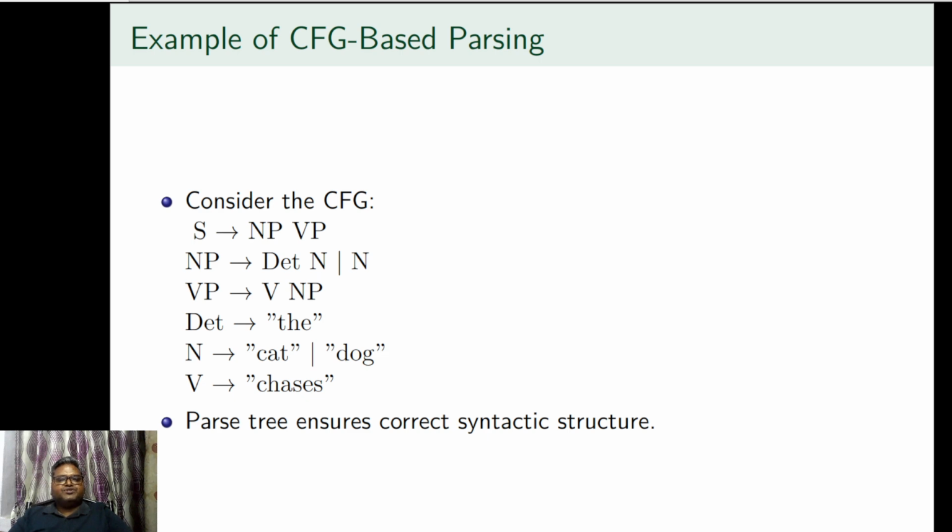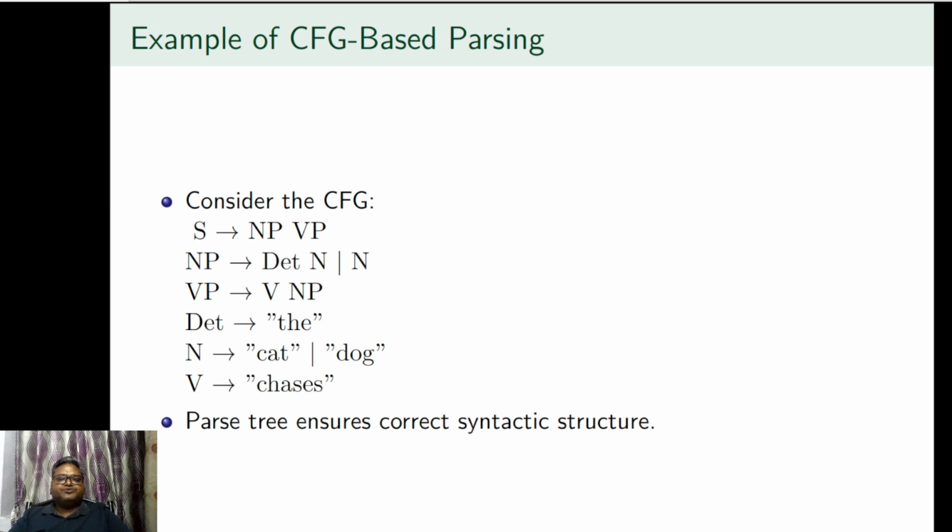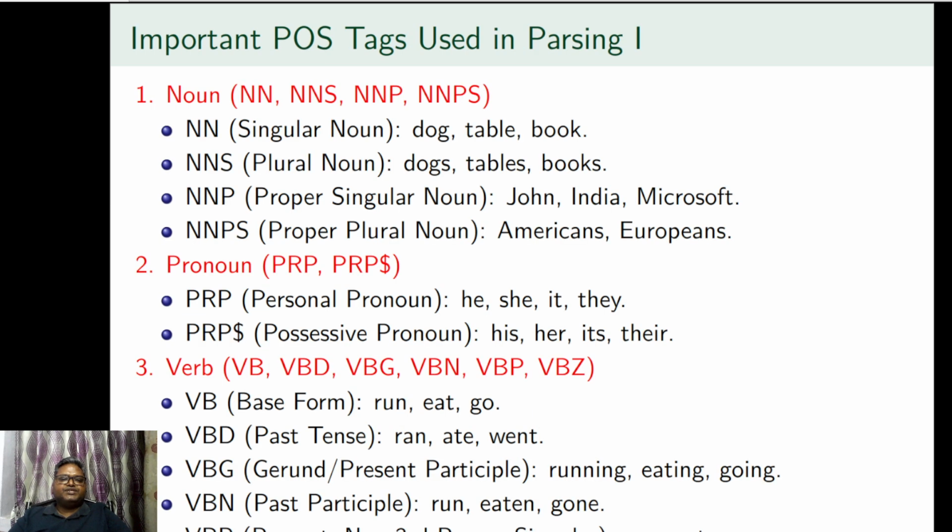Noun phrase is determiner like the, a, and noun, or a noun. Verb phrase is verb followed by noun phrase, determiner the, noun cat or dog, verb chases. So what we can do is we can write a sentence: the dog chases cat. So this is an example of context-free grammar.